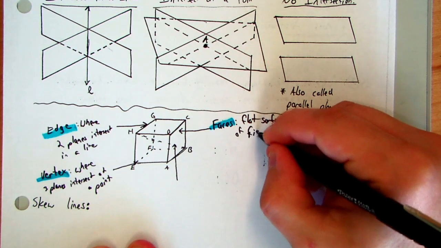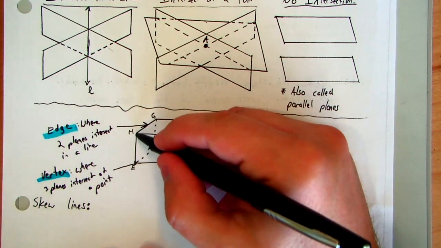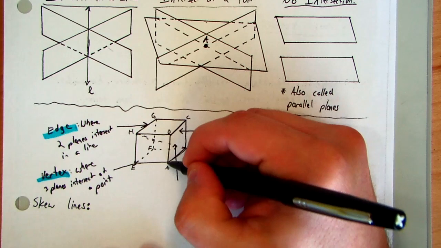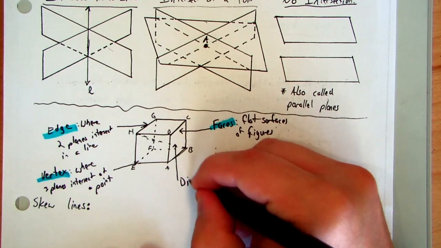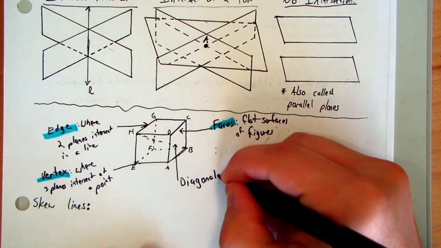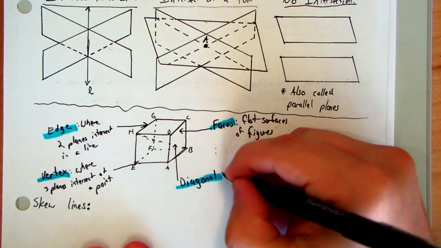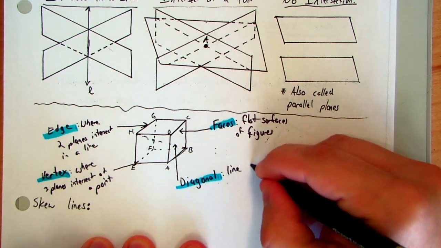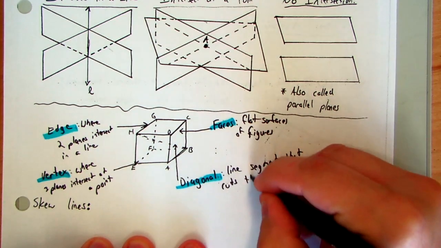And then this last one right here goes from H down to B. There would also be one from G diagonally across to A, D down to F, and E up to C. These are called diagonals. And I'm going to highlight that one as well because that one's also important. So a diagonal is a line segment that cuts through the middle of a solid.